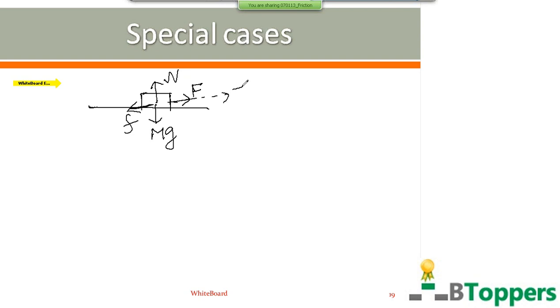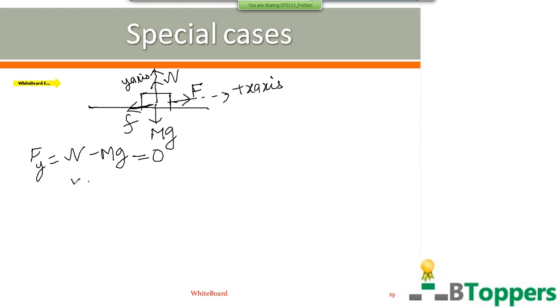I choose the horizontal direction towards right, that is the direction of the horizontal force applied, as positive x-axis, and vertically upward direction as positive y-axis. So you can write the y component of the resultant force on the block is N minus mg. The block has no motion in the vertical direction, and no acceleration in the vertical direction.